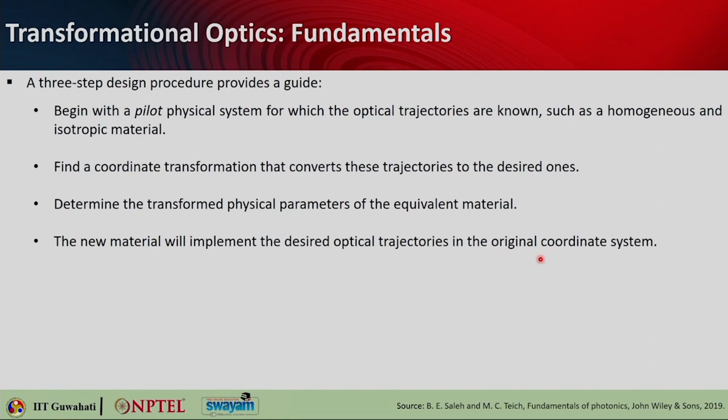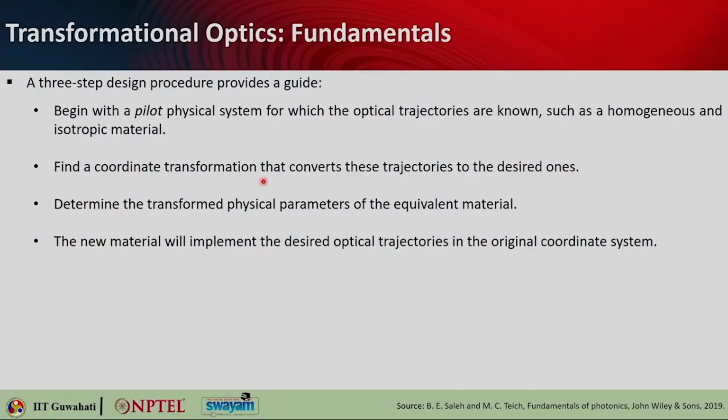So you want the features to work in the original coordinate system. Using this kind of transformational optics, you transfer the desired configuration onto the material properties, and then you put that new material into the previous coordinate system.